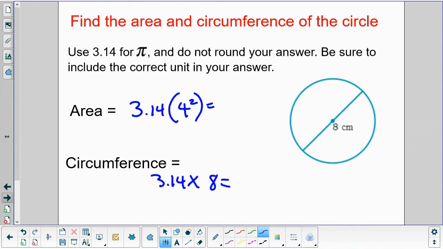So 3.14 times 4 squared would equal 50.24. And because that is an area, it'll be centimeters squared. And then 3.14 times 8 would equal 25.12 centimeters. Very nice.